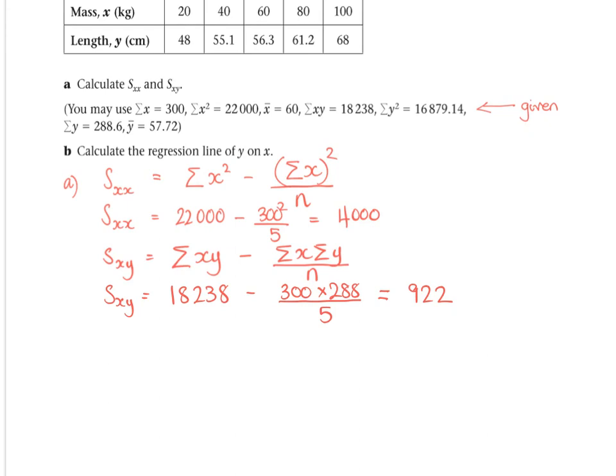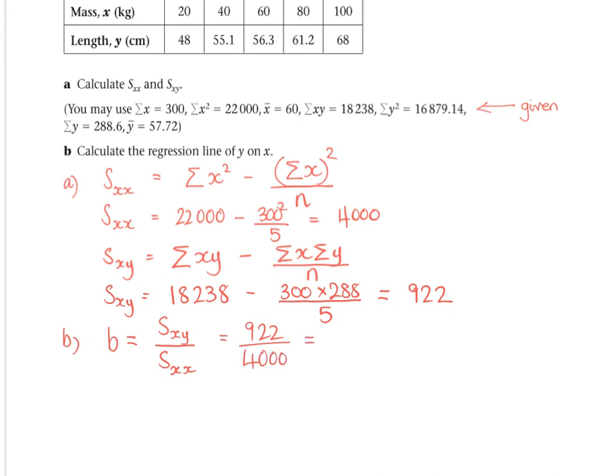Now why is it asked that? Because we need that to work out what b is. Because b is equal to Sxy divided by Sxx, which is 922 divided by 4,000.